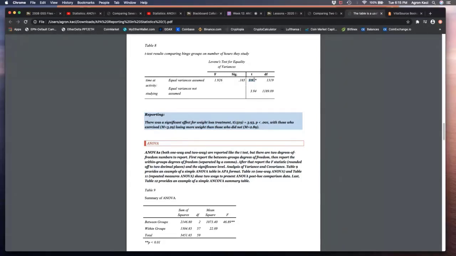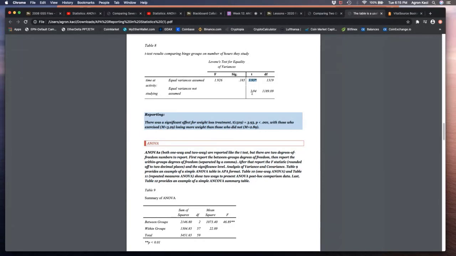The 3.93 here is the t-value for the equal variances assumed, and that's the t-value you report because the p-value in the Levene's test here is 0.165, which is greater than 0.05. Therefore, you fail to reject the equal variances null hypothesis in the Levene's test. Therefore, you assume those variances to be equal, and you look at the first row.